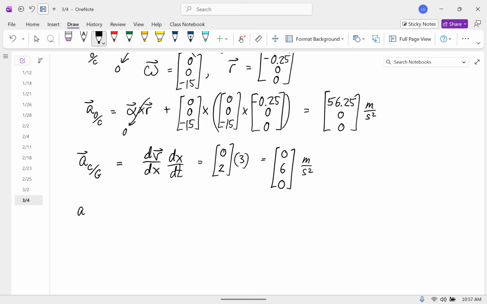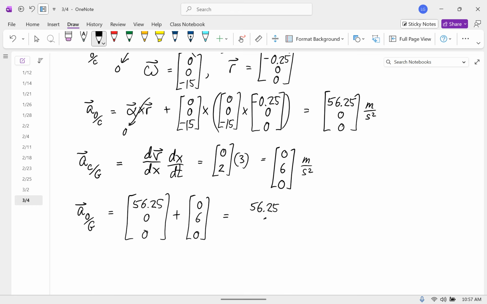So the acceleration of O relative to the ground is 56.25, 0, 0 plus 0, 6, 0, so 56.25, 6. Any questions about that?